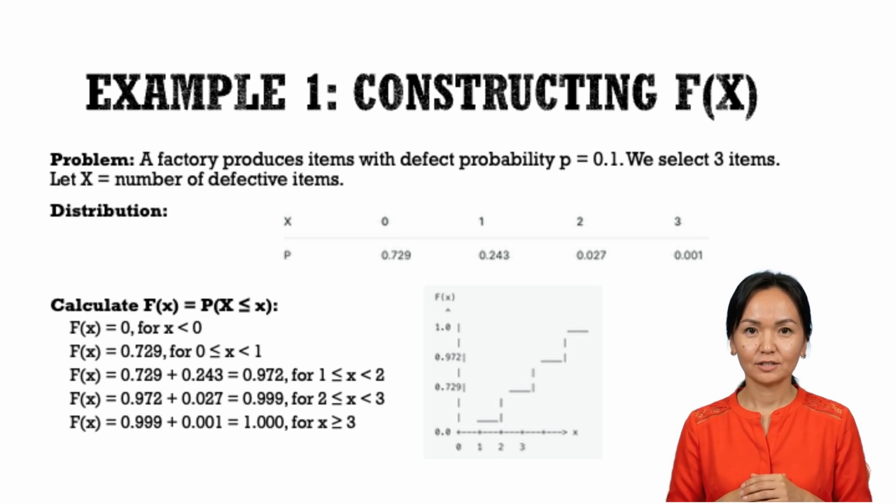The density function, denoted by f(x), is the derivative of F(x). This relationship between f and F is fundamental in continuous probability theory. We'll explore continuous variables in much more detail in our next lectures.